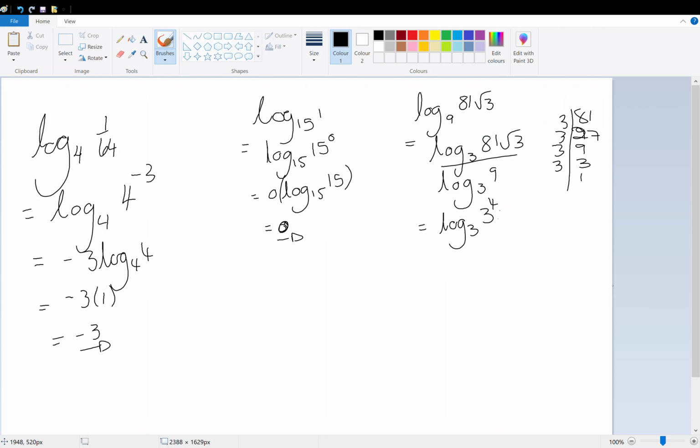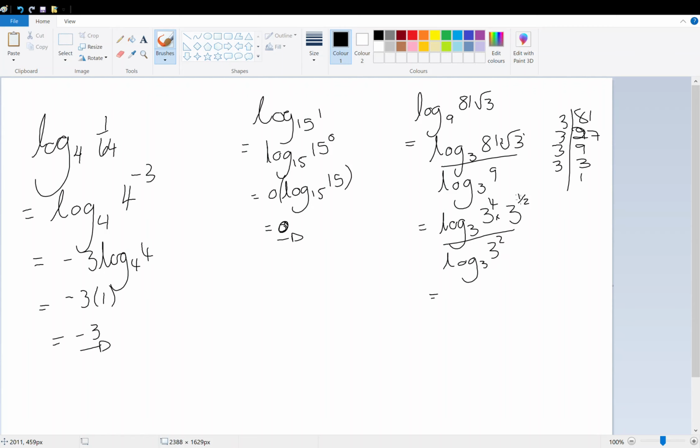And the square root of 3, if I want to make that into a power, becomes to the power of a half. As you can remember, there's a little ghost there, which is a 2, and there's a little 1 there. If I have a root, it's the inside power divided by the root number. At the bottom, I will have log base 3, 3 squared.